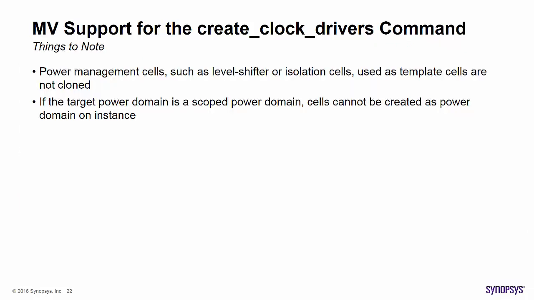A few things to note are as follows. Power management cells, such as isolation cells or level shifter cells, cannot be cloned if being used as template cells. If the target power domain is a scoped power domain, cells cannot be created as power domain on instance.